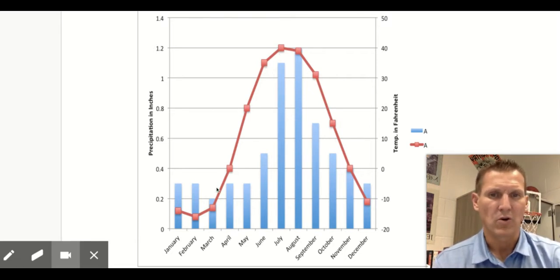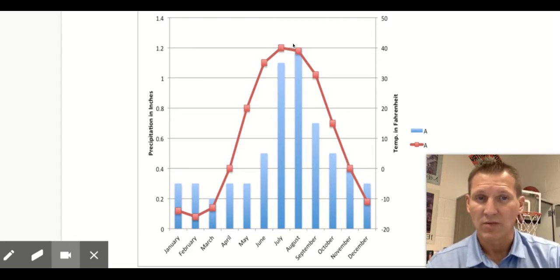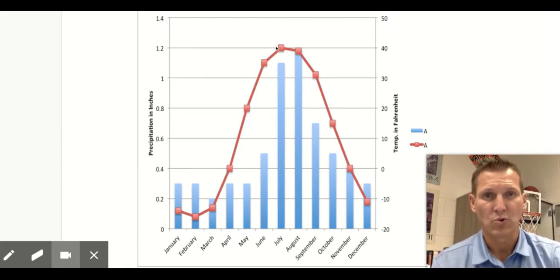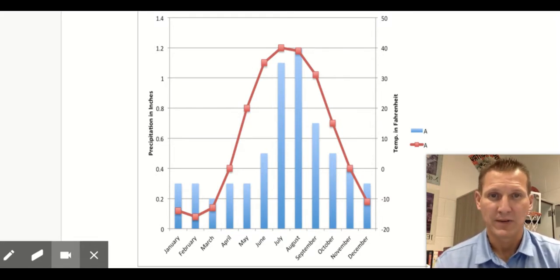This is very cold winters. Summers, I mean, you're talking average in the 40s. That's still pretty cool. So in fact, there's only 3 months where you actually have temperatures above freezing. And even then, it's not much above freezing.